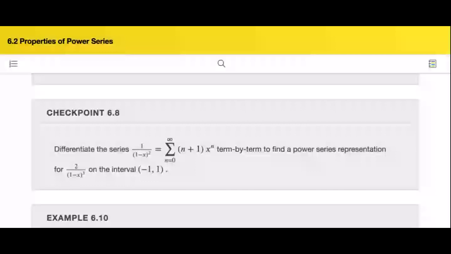I find it is n plus 1 times n plus 2, because the first layer of difference is not constant. The second layer is 2, a constant change, so it's a quadratic function. So n plus 1, n plus 2 works. That gives us the right coefficient. All right, anyone has any questions?